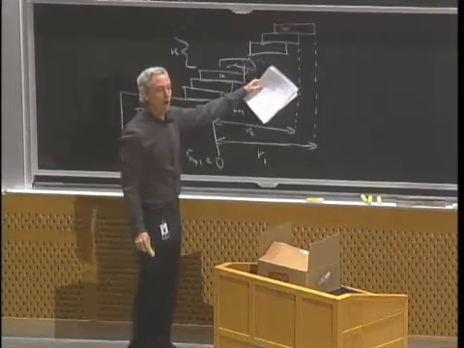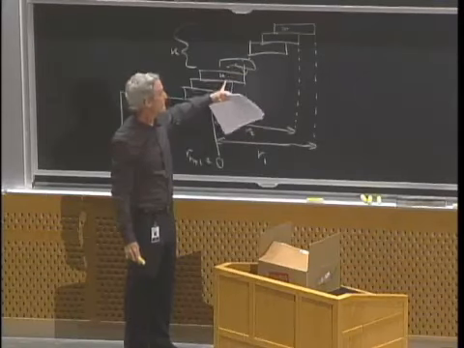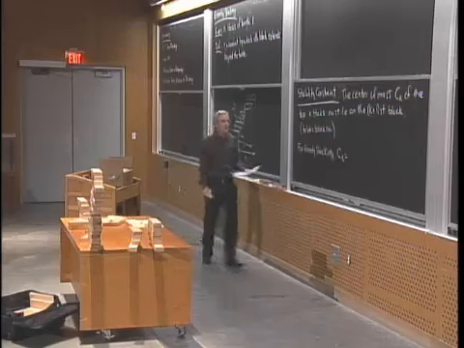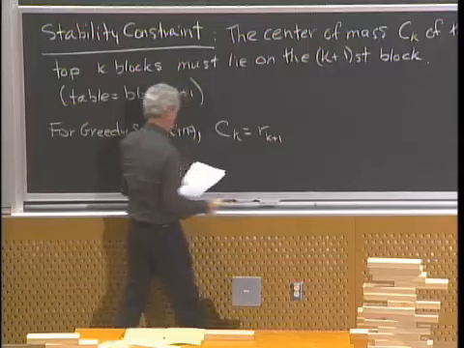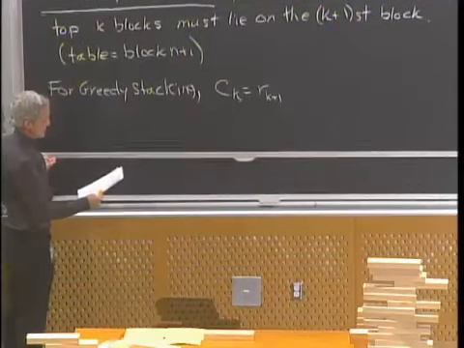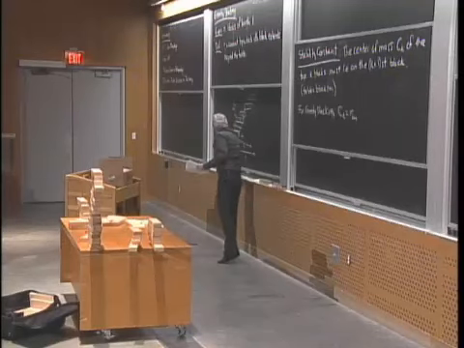If it's a little bit more, it's going to fall over. If it's less, then it's not greedy. We didn't push it out as far as it could go. All right? So for the greedy stacking, CK is equal to R K plus 1. And R n plus 1, of course, is the edge of the table. That's 0.